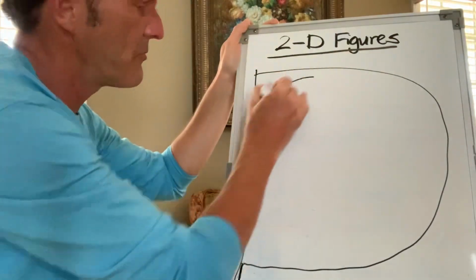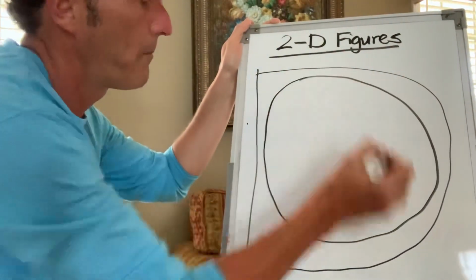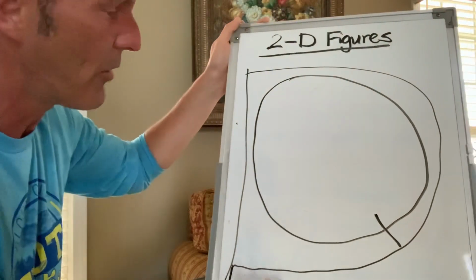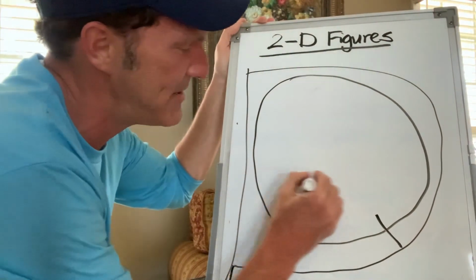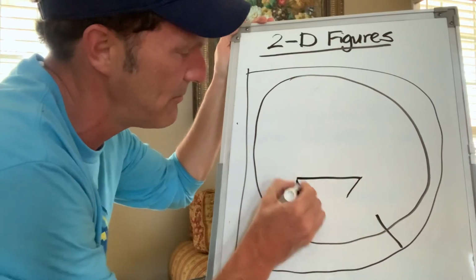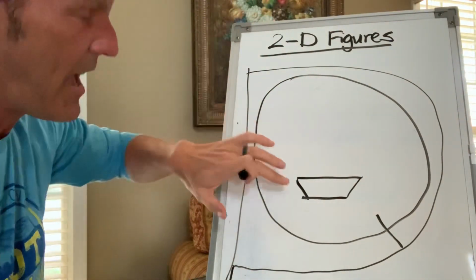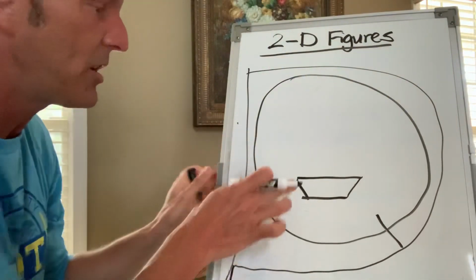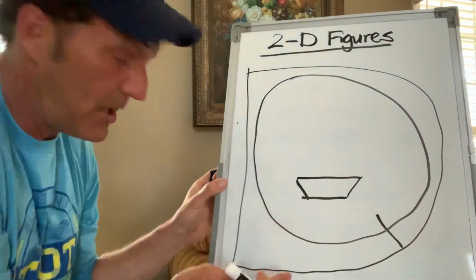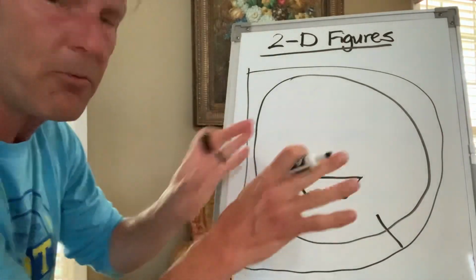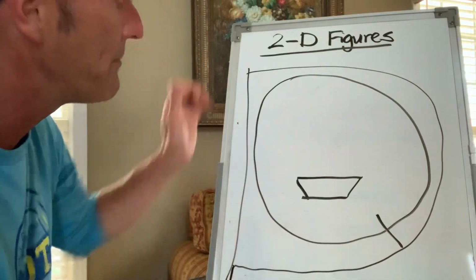Inside the polygon, I'm drawing a big old Q. That's for quadrilateral. And inside the quadrilateral, I draw an upside down trapezoid, or it's not necessarily upside down, but it looks kind of like a smiley face. And that's a trapezoid, because a trapezoid is a quadrilateral, it is a polygon, but that's really all it is. iReady will tell you something different. I'll tell you that in just a minute.